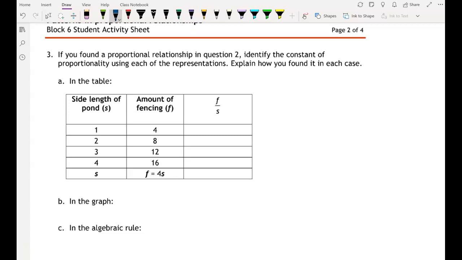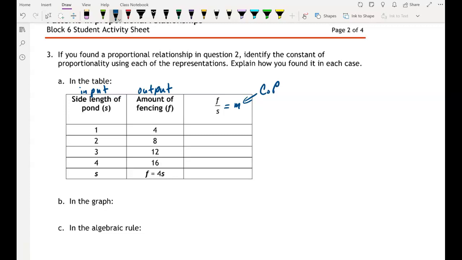You can always find the constant of proportionality, or unit rate, by dividing the output by the input. And the output in this case is the amount of fencing, or F, and the input is the side length of the pond, or S. F divided by S will give you the constant of proportionality.